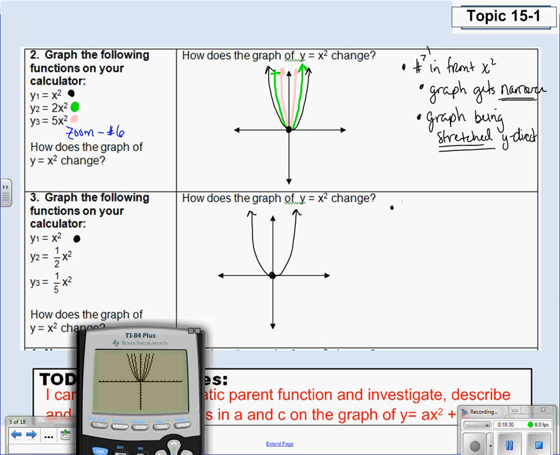So I'm going to say the number in front of the x squared is a positive fraction. Now let's find out what happens with our graph.